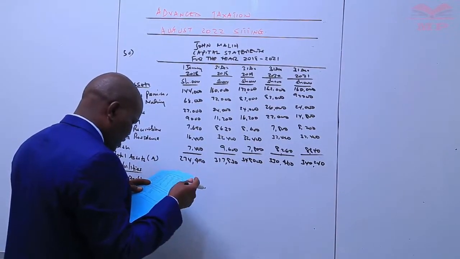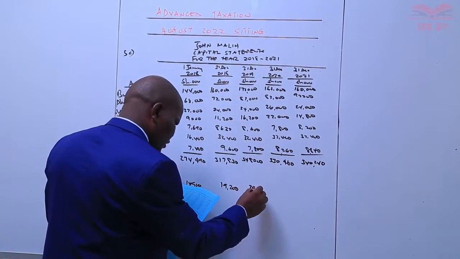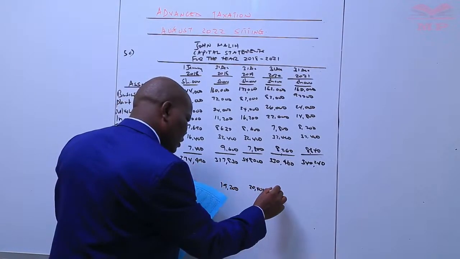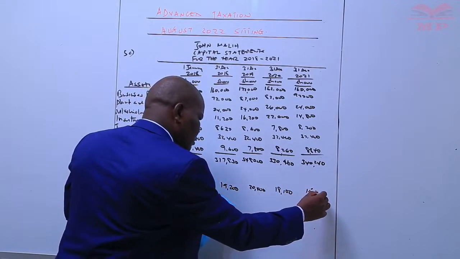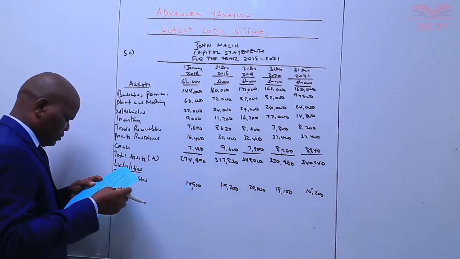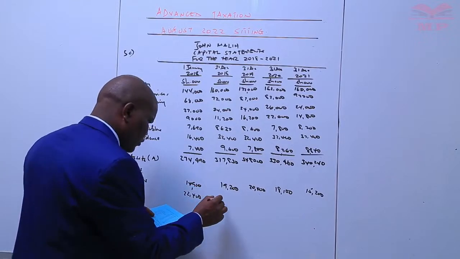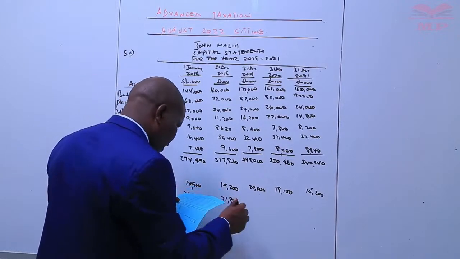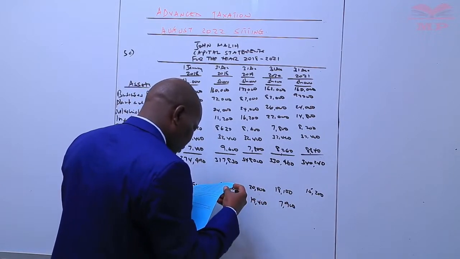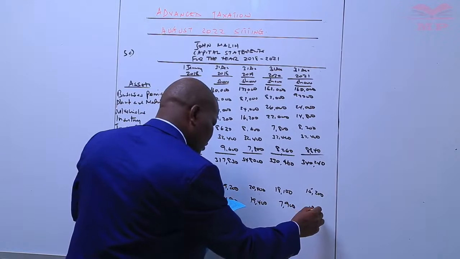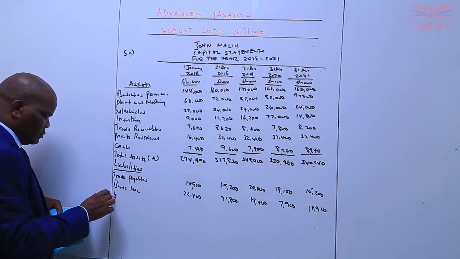Next is 19,200, 2,400, 2,400, 18,100, and 15,200. Next we have bank loan, 22,400, 21,800, 19,400, 7,900, and 18,900.